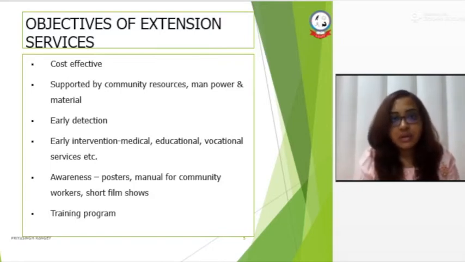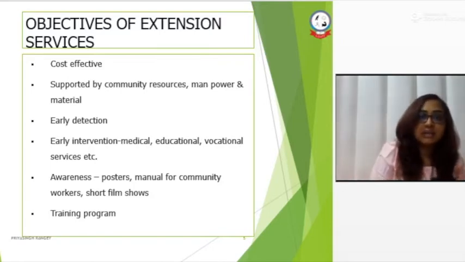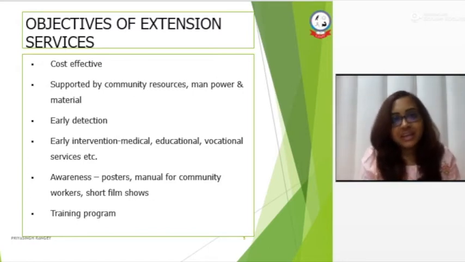There is also early intervention, because once we detect any disorder early, we can intervene at an early point and change the path in which the disease might have progressed if intervention had not been provided. This intervention can be medical, educational, vocational, social, any form of intervention can be provided. Awareness can also be spread through extension services.